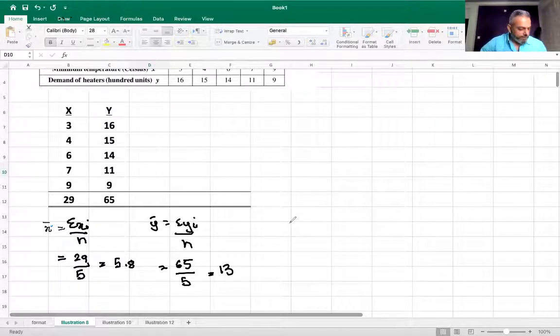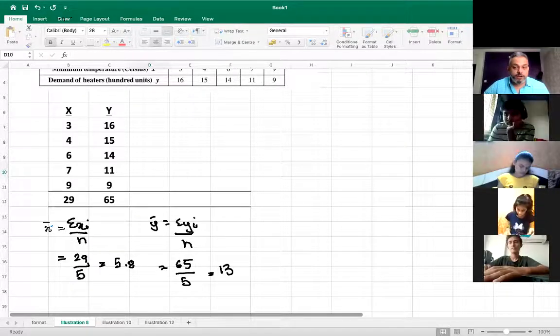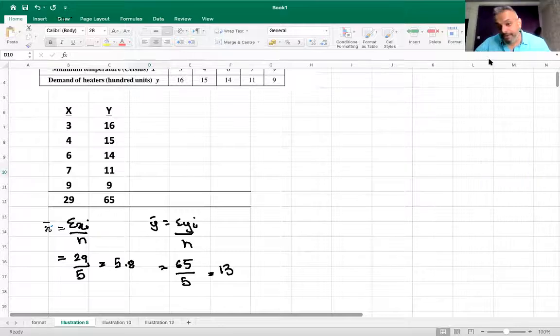x bar is a fraction and y bar is an integer. So we cannot use x minus x bar, y minus y bar. Also, if you use it, what happens? Sir, if I used it, I like that one. In case you use it, you may get the correct answer because the answer is not going to change by changing the formula.